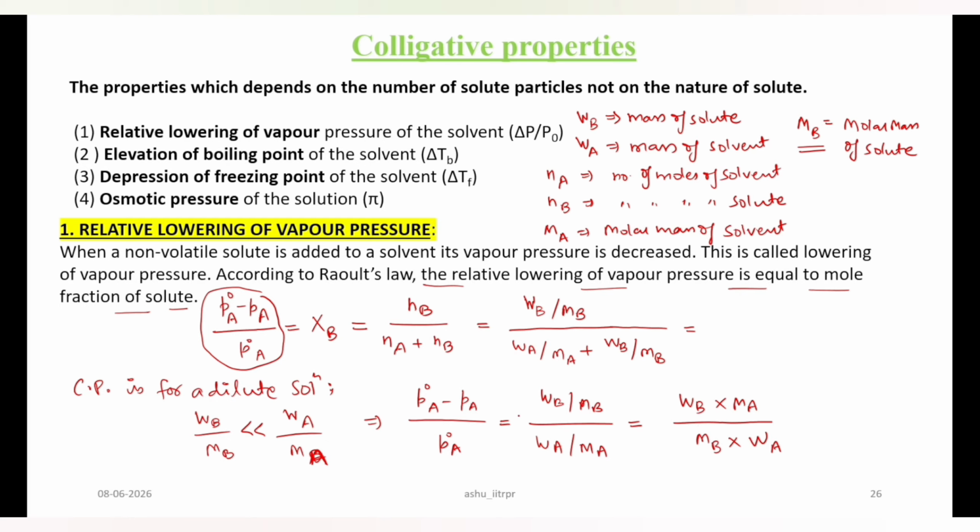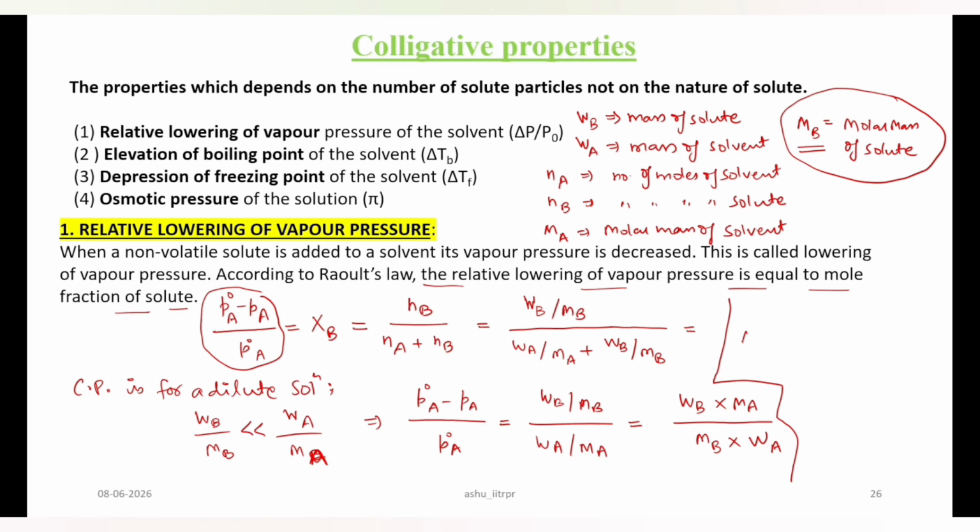What we are actually going to calculate in every case is the molar mass of the solute. When we rearrange this equation, take MB to this side and put this value, relative lowering of vapor pressure, in the denominator.